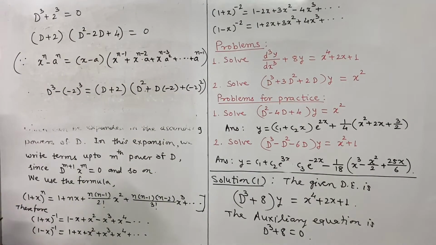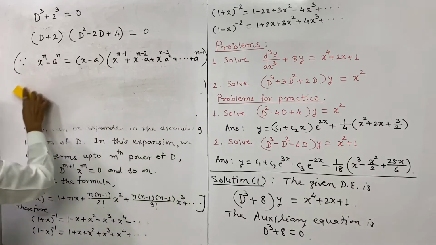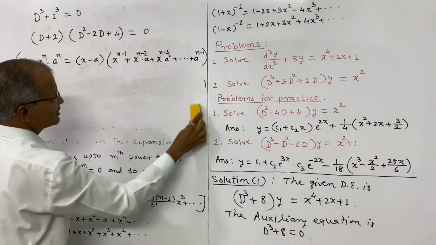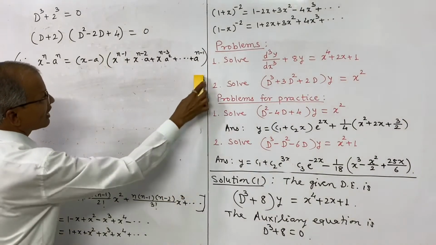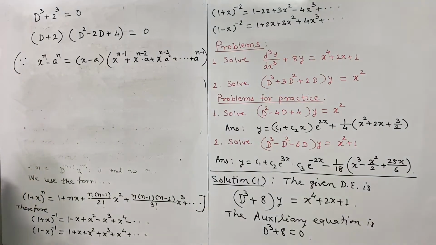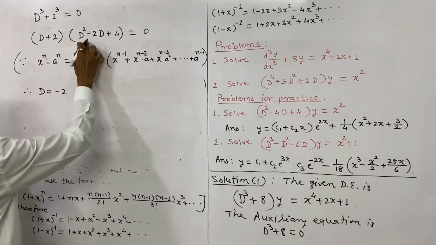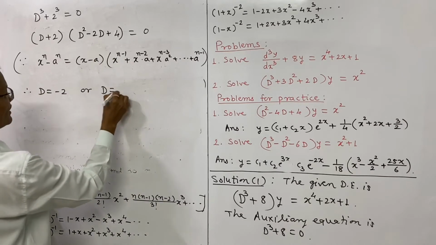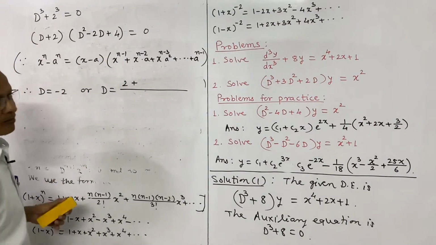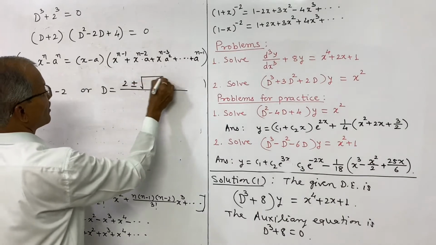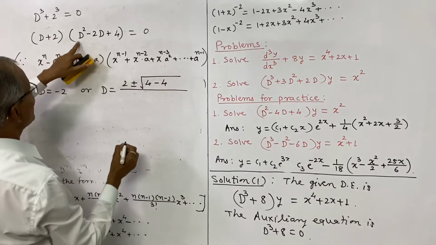So this is the factor of D cube plus 2 cube, and this gives the roots. First factor is 0, or the second is 0. We have to consider all the roots, and thus D is equal to minus 2, or from the second we use the quadratic formula: D is equal to minus b, that means 2, plus or minus under root b square, that is minus 2 square, which is 4, minus 4ac.